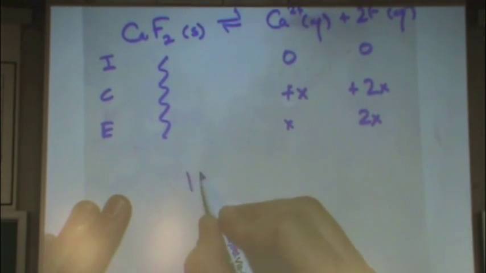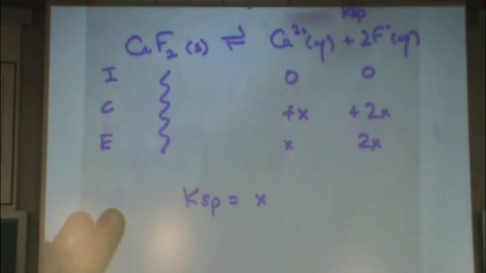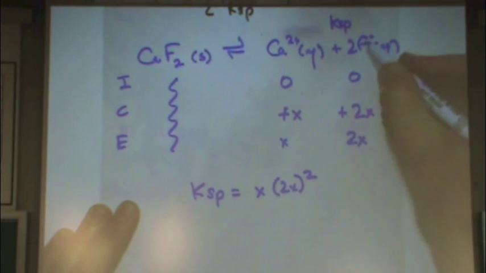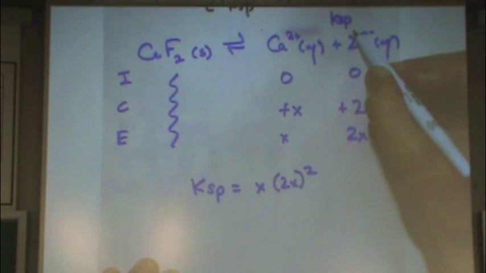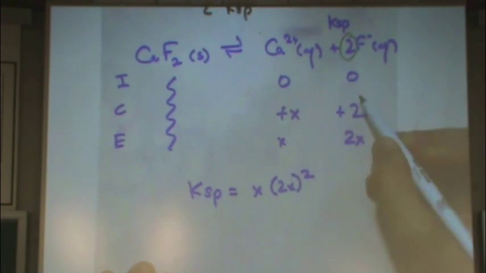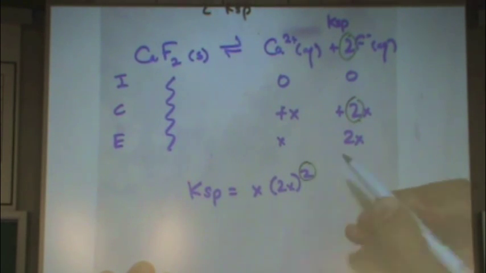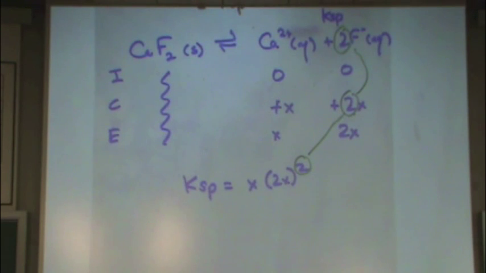And the way you'd solve this problem typically that's not a common ion, you just say, well, that's X times 2X squared, because there's 2 fluorines. So notice that the 2, this 2 right there, appears here in 2 places in this problem. There and here. Okay, these are the same 2's. Okay? All right, that's your typical problem without the common ion.